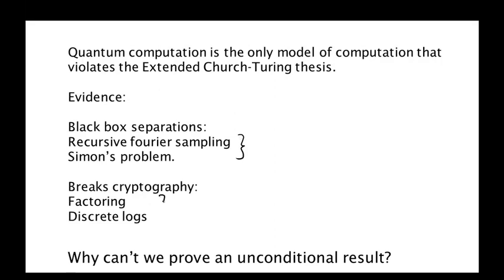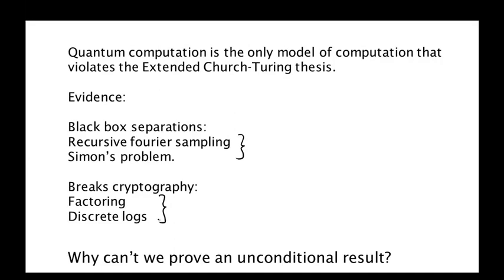For these problems, we know that there's a polynomial time quantum algorithm, but we strongly believe that it takes exponential time to solve them classically, or at least all the algorithms that we know of so far take exponential time. So these are the two kinds of evidence that we have that quantum computers violate this extended Church-Turing thesis.